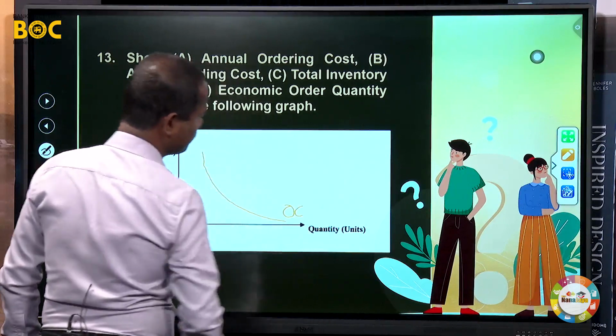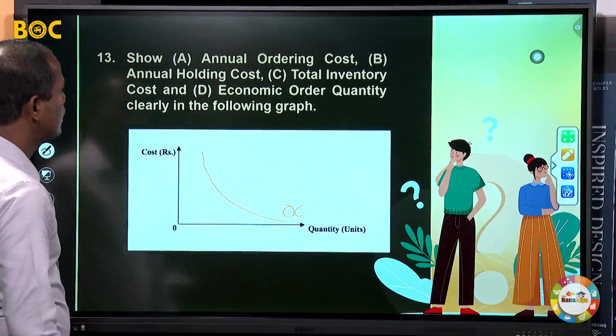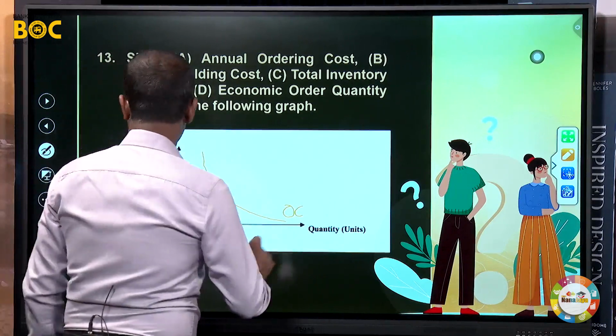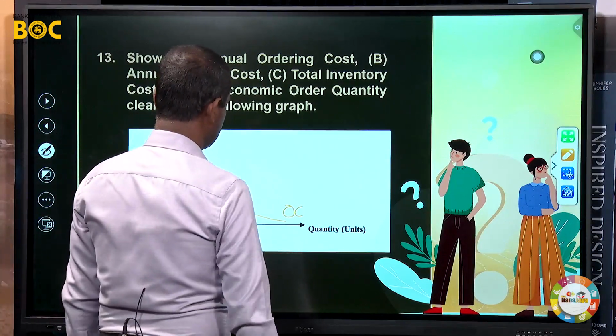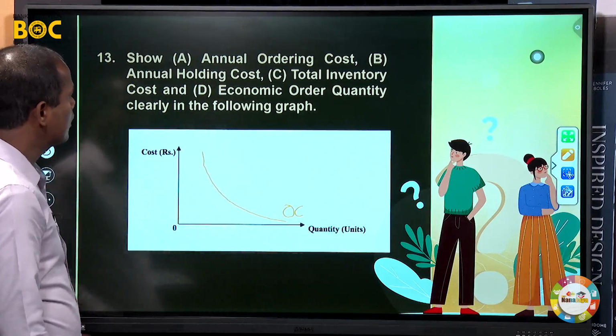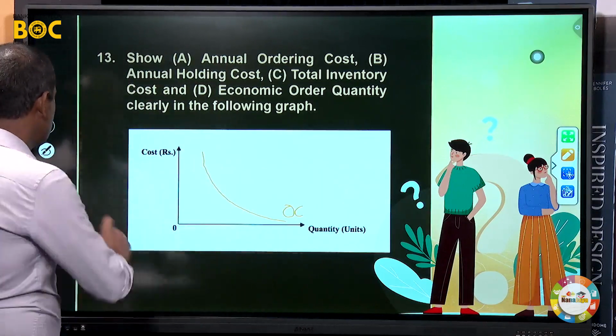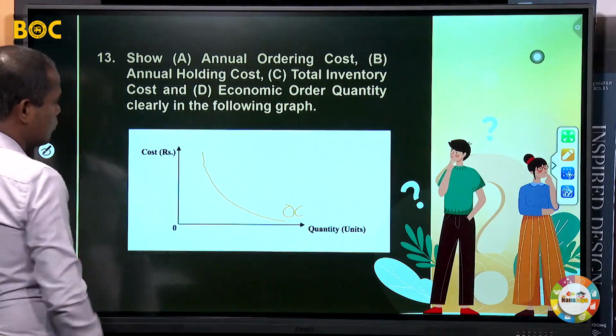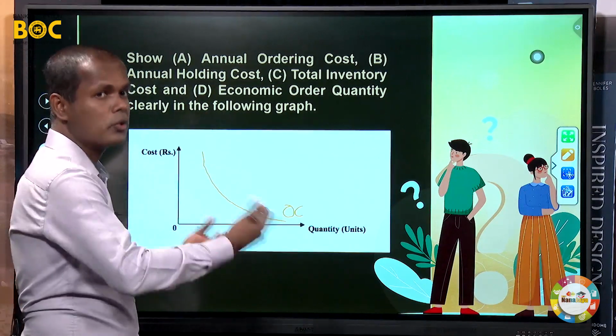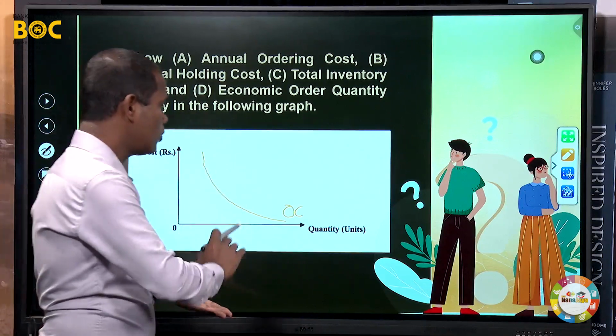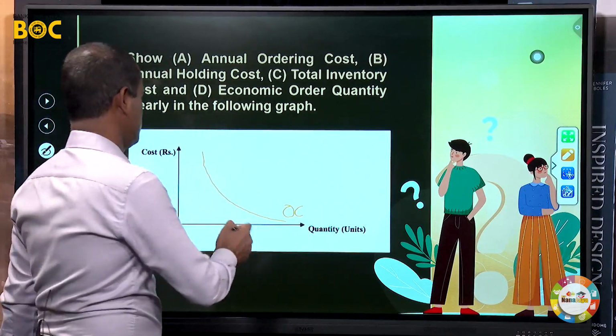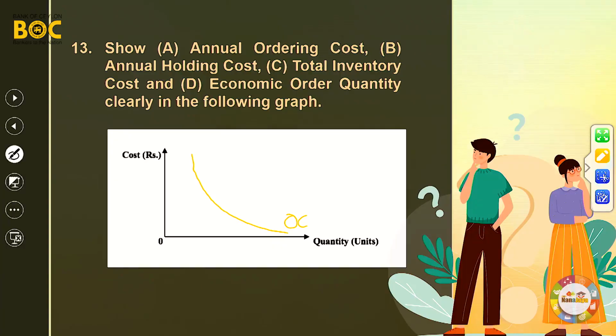According to the chart, you name that as A. Holding cost: when you order more units, you have to maintain more units, so the holding cost, or carrying cost, increases.